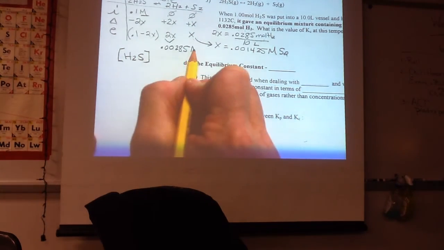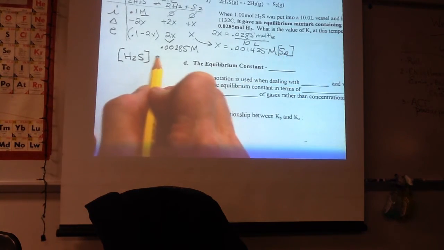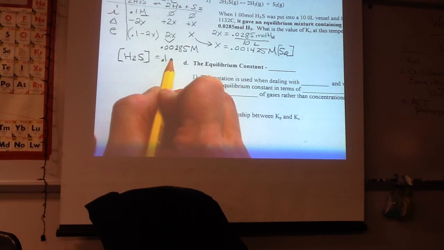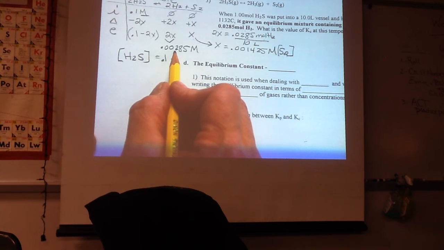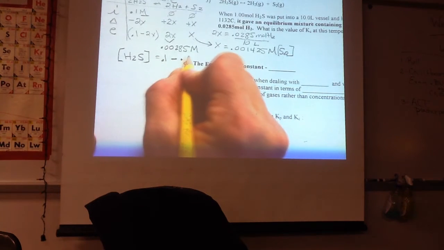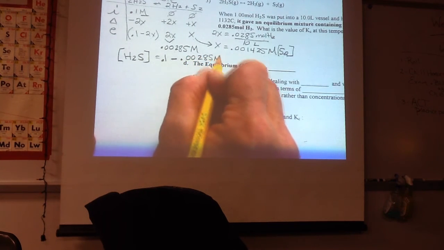I do a bracket, okay? And I should probably do that here. I'm going to take 0.1 minus, that value, I'm sorry, is equal to 2x. So minus 0.00285 molar.